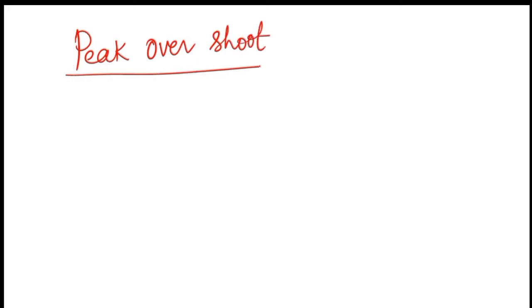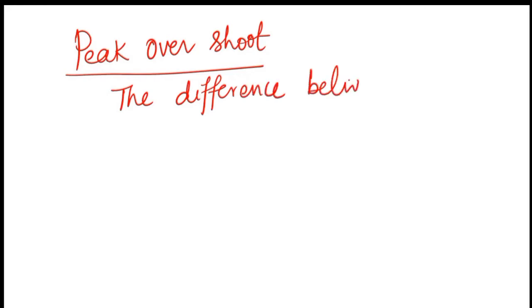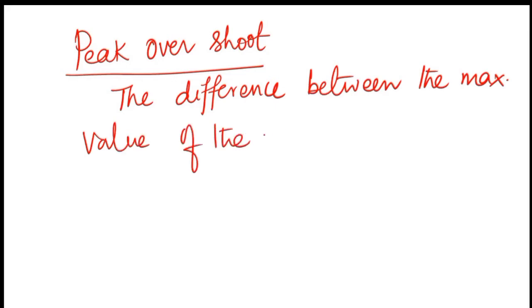Next one is peak overshoot. The peak overshoot is defined as the difference between the maximum value of the response to its final value.